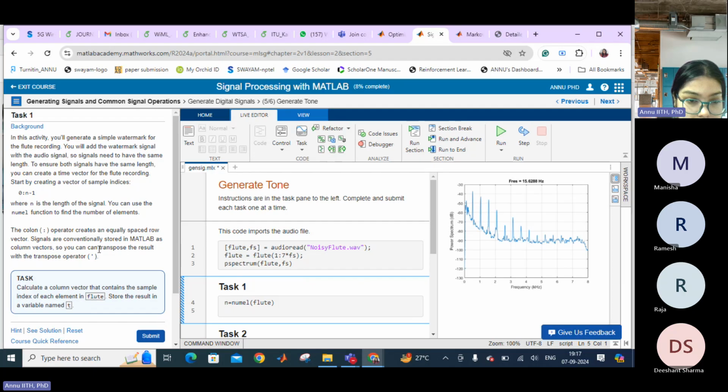Signals are conventionally stored in MATLAB as column vectors, so you can use the transpose of the result. Calculate the column vector that contains the sample index of each element in flute. Store the result in T, from 0 to n minus 1.